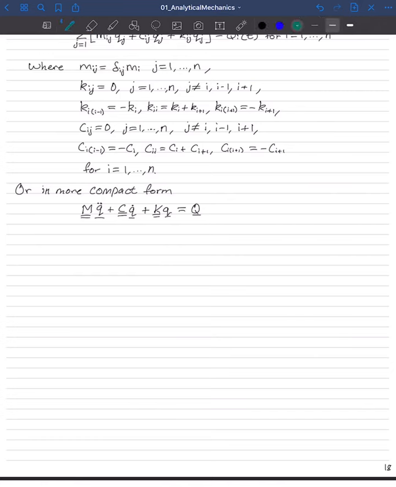So M here is an n by n matrix, and it's the mass matrix. C is the n by n damping matrix.